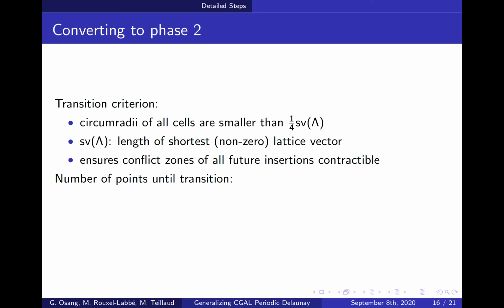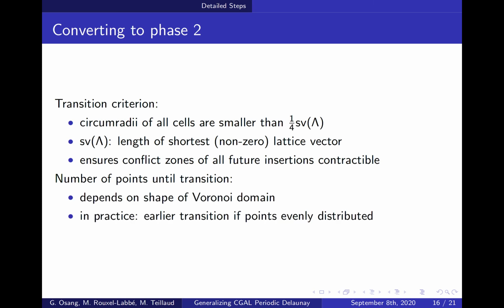In practice, the number of points until this criterion is fulfilled depends on the shape of the Voronoi domain, but also if the points are more evenly distributed, then generally we would expect this transition to happen earlier.